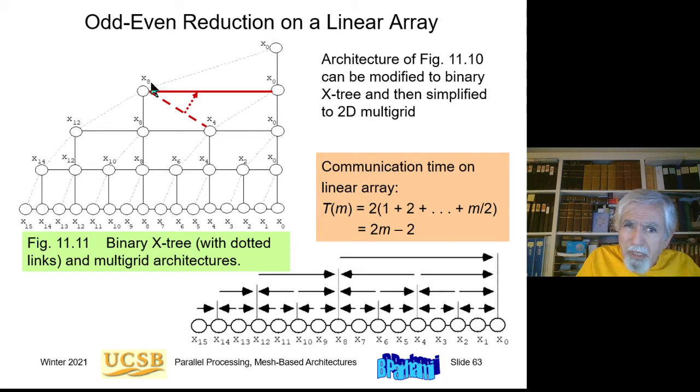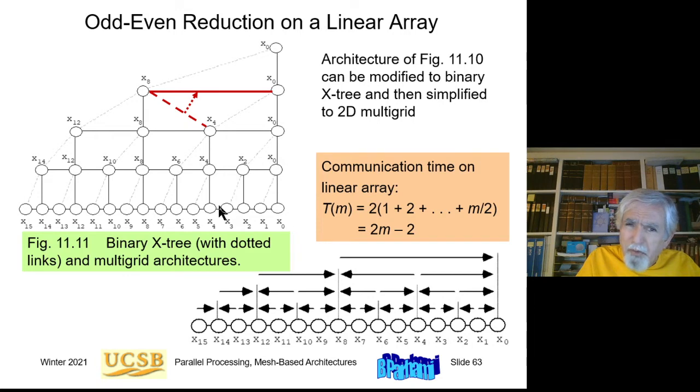For example, this link no longer exists in the multigrid, but we can do the same communication in 2 steps. So a multigrid is basically an X tree in which we have kept only the vertical and horizontal lines and have removed all the diagonal lines. Okay, so this is basically an architecture for this odd-even reduction.